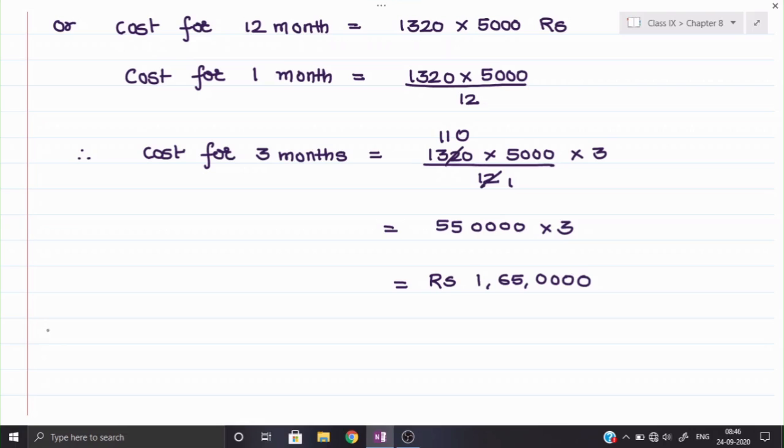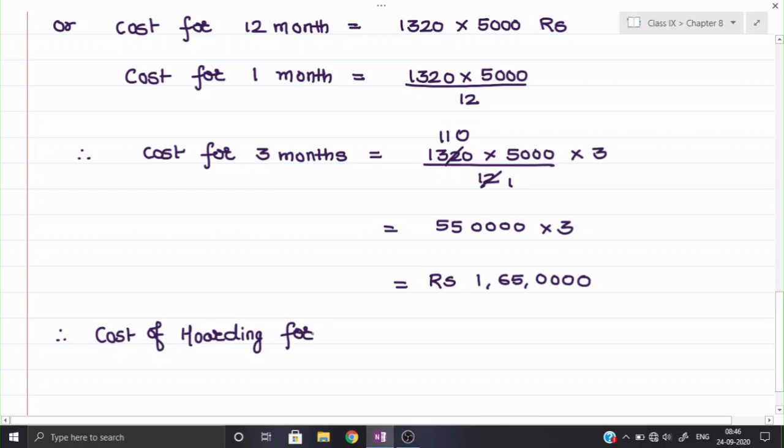Correct. So we can say that, therefore, the cost of holding for 3 months is rupees 16,50,000.